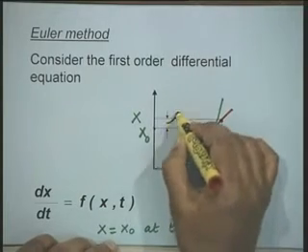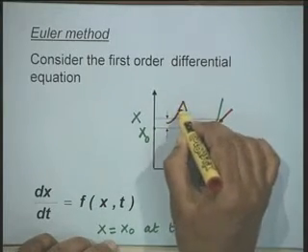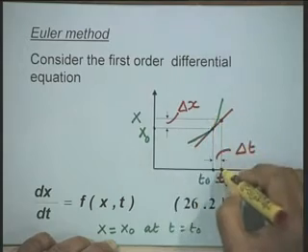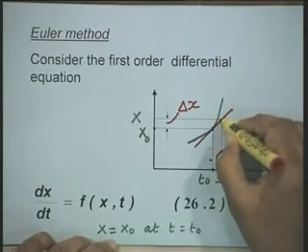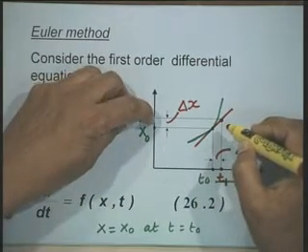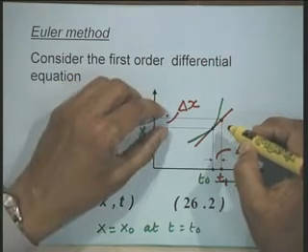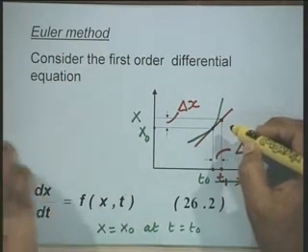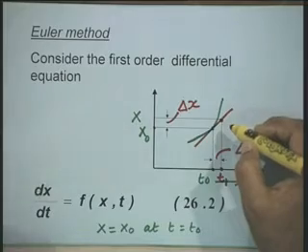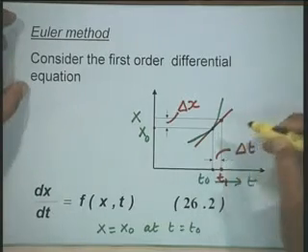That is, first we will find the change delta x at t equal to t1. We find the value of x, that is, x is equal to x naught plus delta x. The delta x is the change when you increase the time by a small step delta t, right.